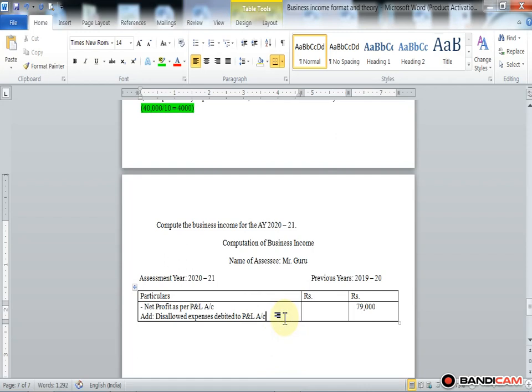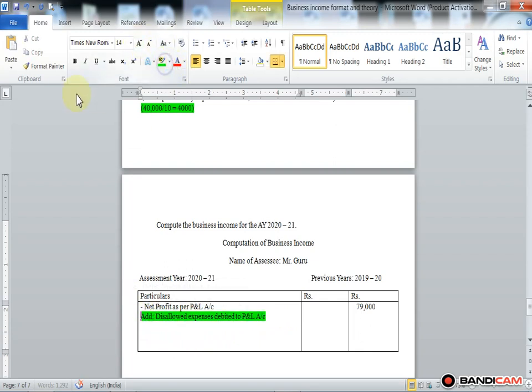Okay, so we find the items which are debited to the profit and loss account. Here we add these items to the net profit.